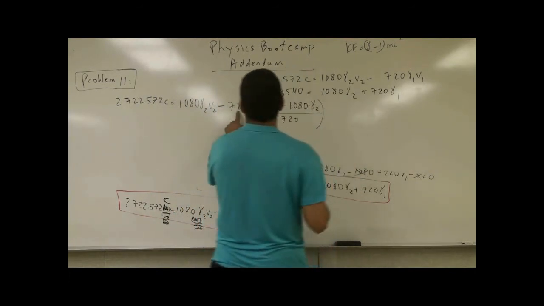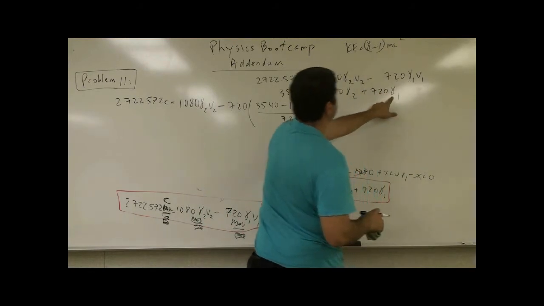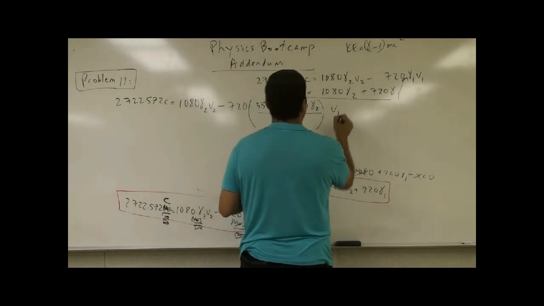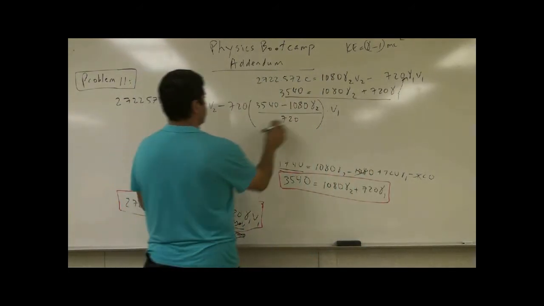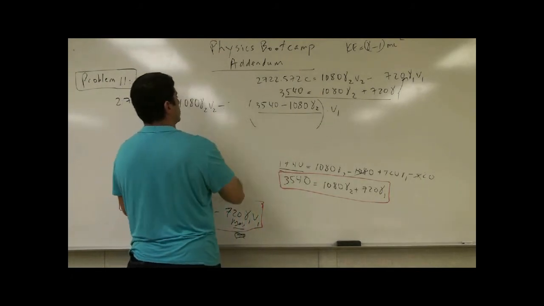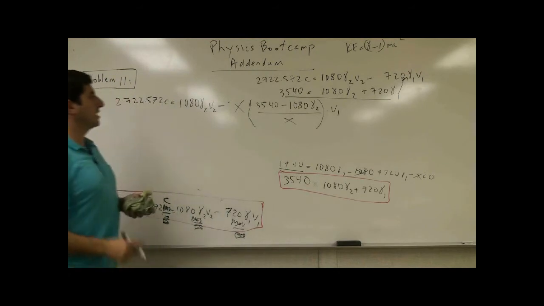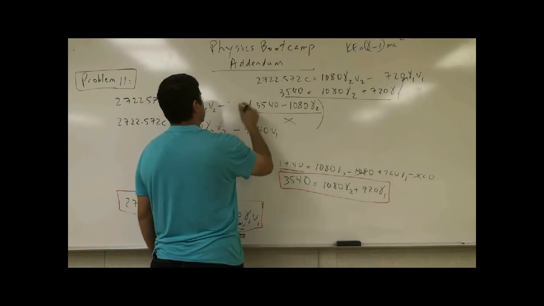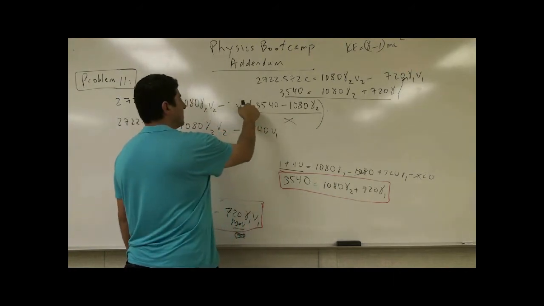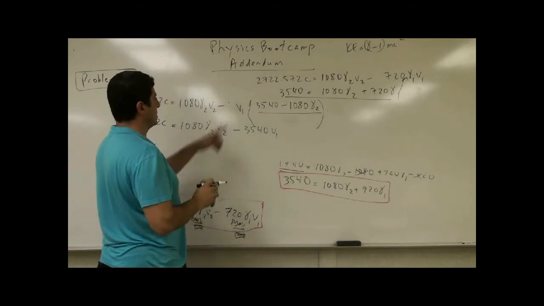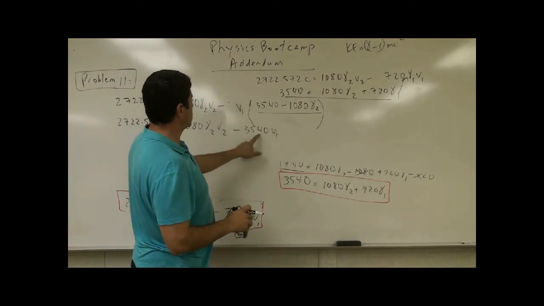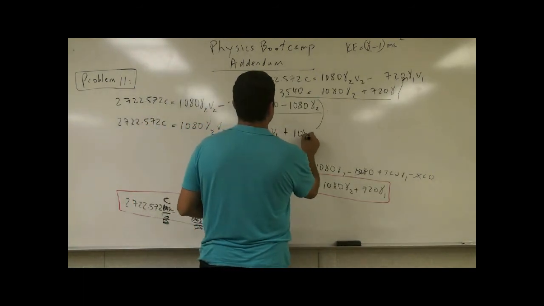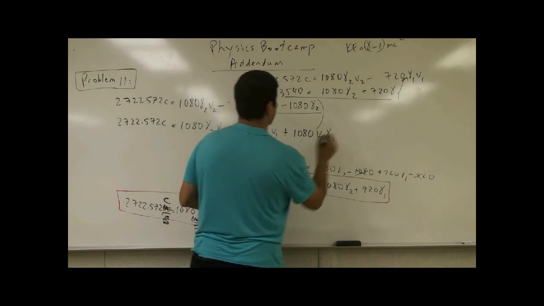So gamma 1, I replaced by substituting from this equation into that equation, and then I multiply this by V1. Well, one of the things that happens, the 720 and the 720 cancel. So you get rid of that. Remember, you have to be able to distribute. So it's better if I write the V1 here, so you can visualize better. So distribute the V1 times this, 3540 V1, and then minus V1 times that gives you plus 1080 V1 gamma 2.